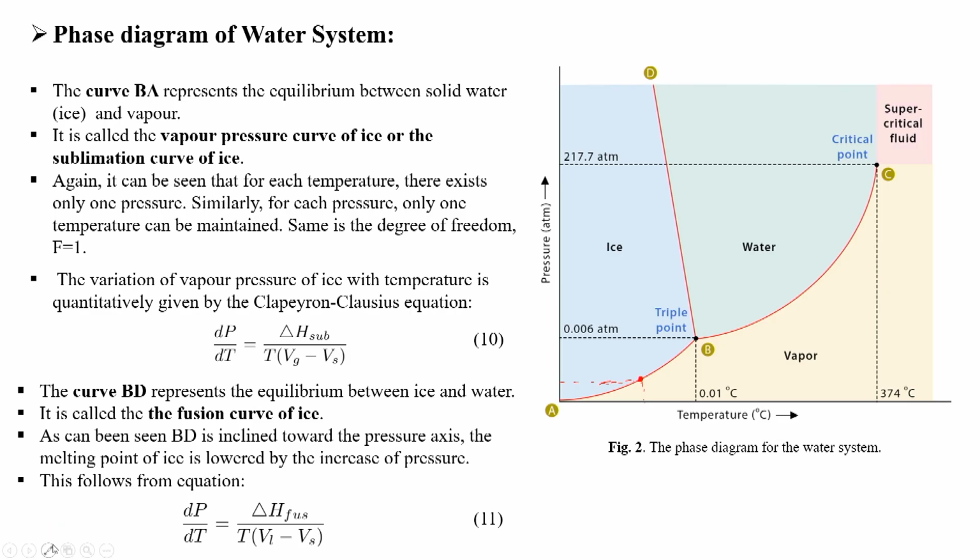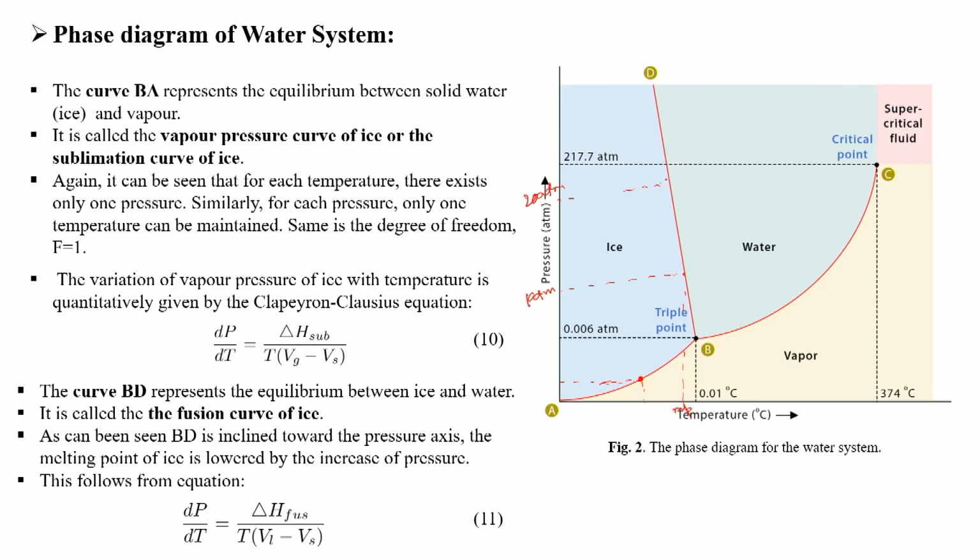So if we consider 1 atmospheric pressure here, suppose this is 1 atmospheric pressure. Now if we increase the pressure, suppose this is 20 atmospheres. For 1 atmospheric pressure, this is the melting point, or normal melting point we can say.